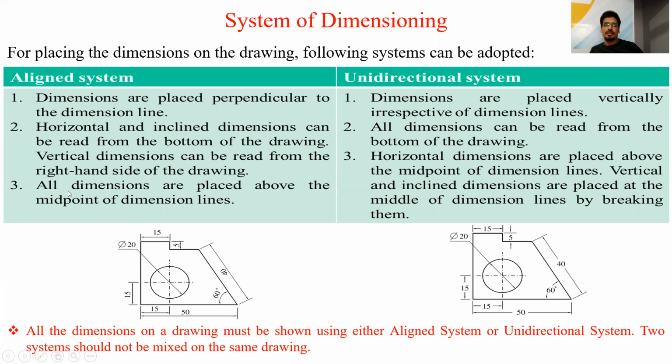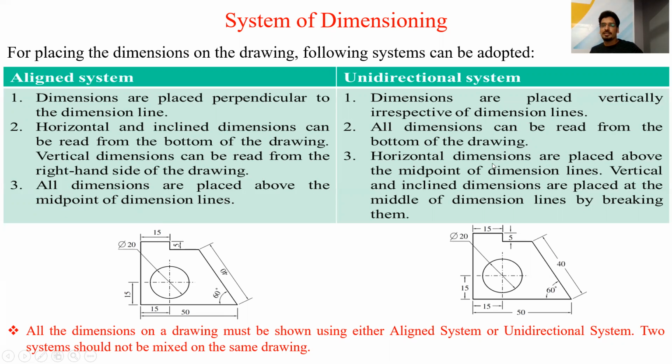Third point is, in the aligned system, all dimensions are placed above the midpoint of the dimension line. In the case of aligned system, each dimension is written in the middle of the dimension line, and it must be above the dimension line.